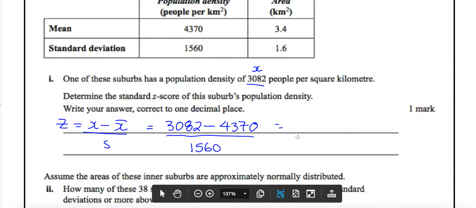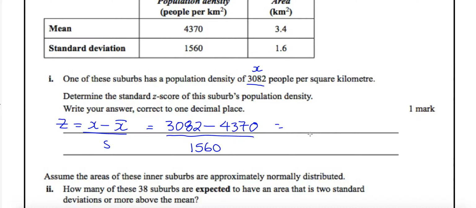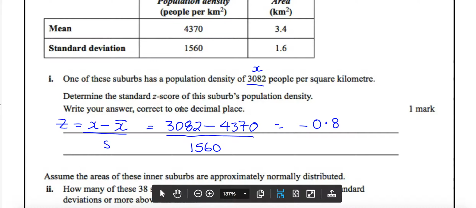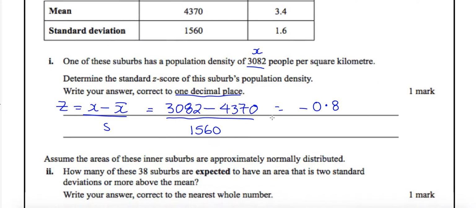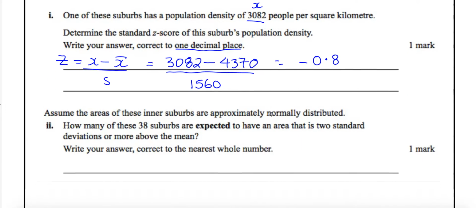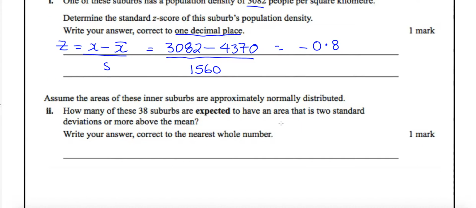Now, when you do that, you're going to get negative 0.8256. We're going to round to one decimal place, so negative 0.8. So that's important because it says that right there. So that's for 1 mark on your end of year exam.